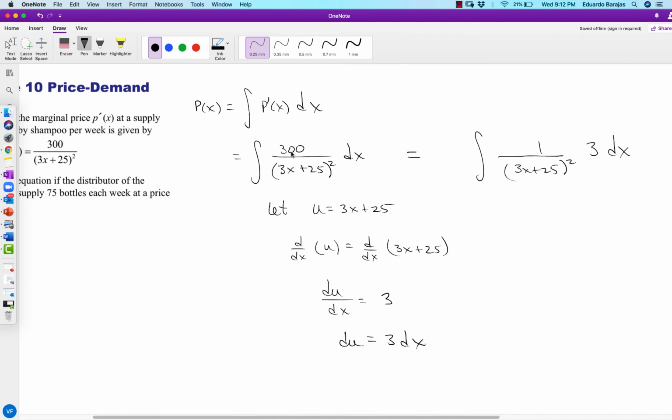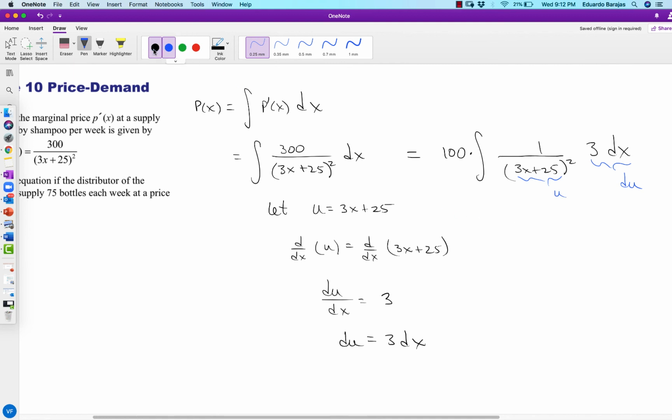And well, I had 300, I just want the 3, so I'm just going to rewrite it as 100 out here, because 100 times 3 is the 300, so I just split up the constant. I did it this way keeping an eye out on the fact that my du is 3 dx. So now I'm ready to substitute. This is my du, and this is my u.